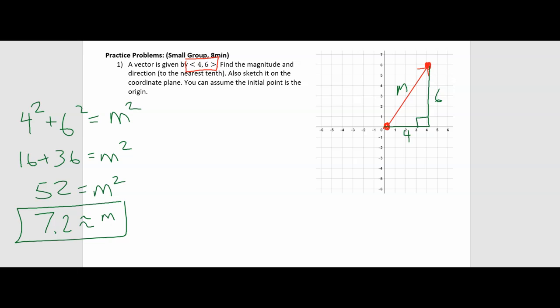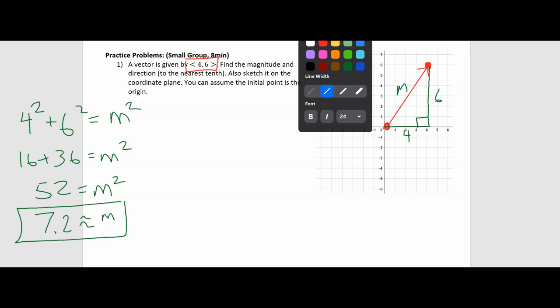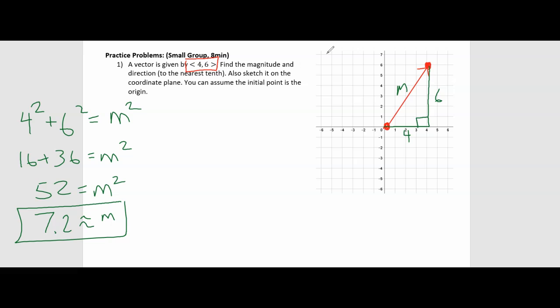So that is our magnitude. Now we need to find the direction. And I'm going to use compass directions here. So think about which angle I need to find. If I want to give my compass directions, and we're in the first quadrant, so it's going to be using north and east, think about which angle of that triangle I need to find. Well, it's going to be this one. So if I'm trying to figure out that angle, think about the trig equation I need to set up. Well, this side would be the opposite.